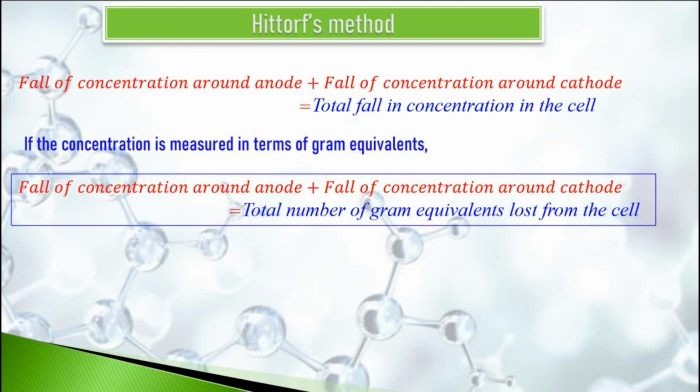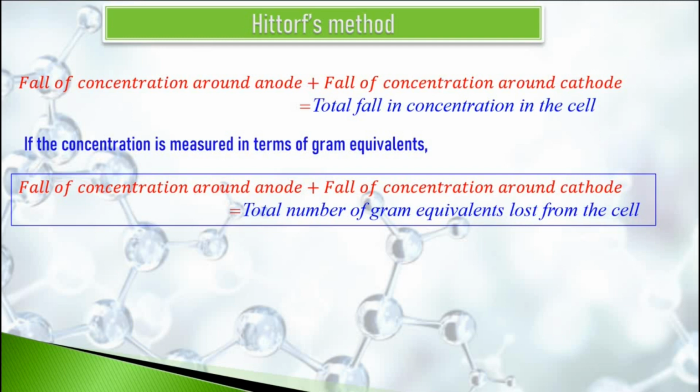That means whenever electrolysis takes place, ions move towards their respective electrodes, and after reaching the electrodes, they get discharged. After getting discharged, either they bubble out in the form of gases or they get deposited on the respective electrode.